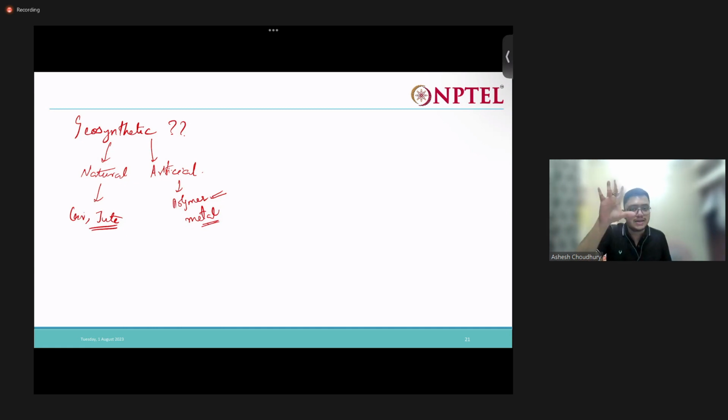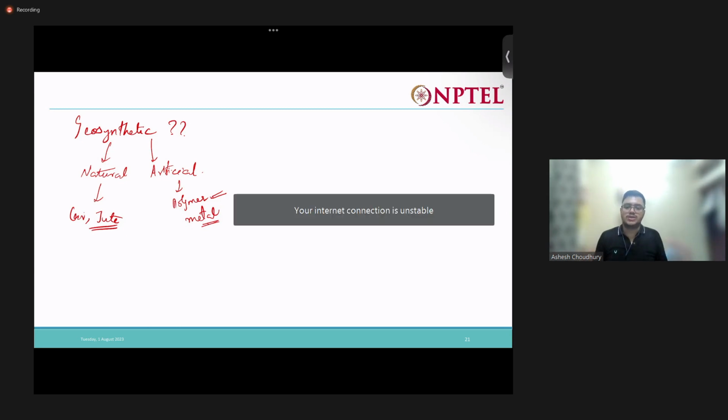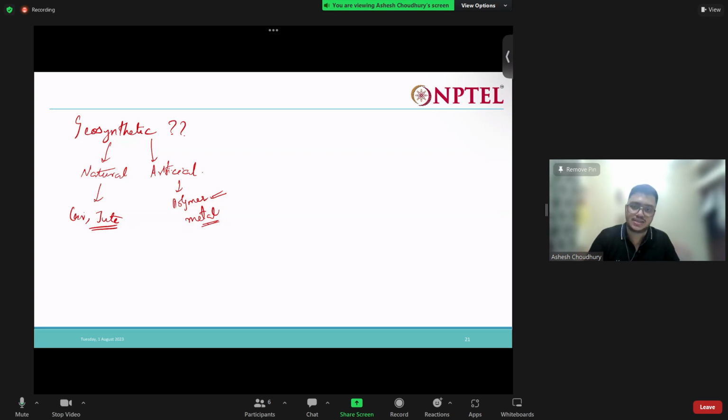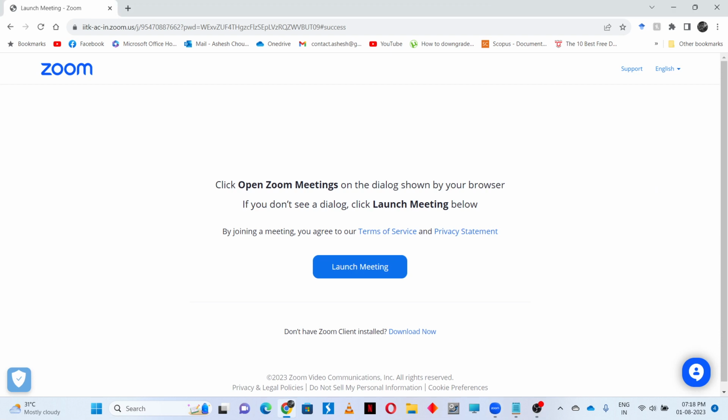Geotextile is a kind of geosynthetic, right? Previously, all geosynthetics were called geotextile, but that is not the case. So there are many types of geosynthetic material, and one of them is geotextile. The main governing international organization which looks into this is the International Geosynthetic Society, right?